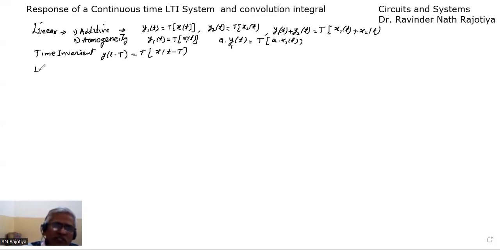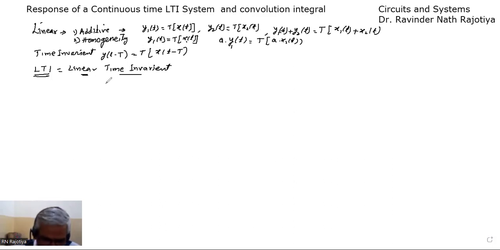Then what is a system that is an LTI? It is nothing but a linear and time invariant system. So this LTI system is linear as well as time invariant.